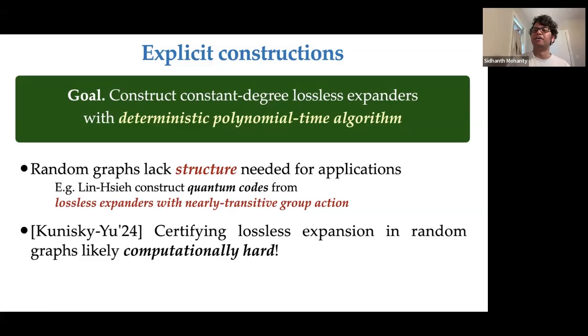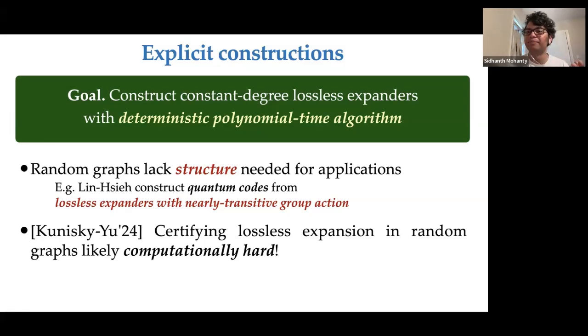Okay, and maybe a second, more philosophical reason for why I find this problem interesting is even though we know that a random graph is a lossless expander with high probability, it is likely the case that certifying lossless expansion in a random graph is computationally hard.